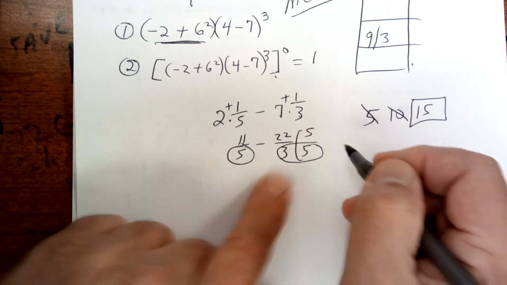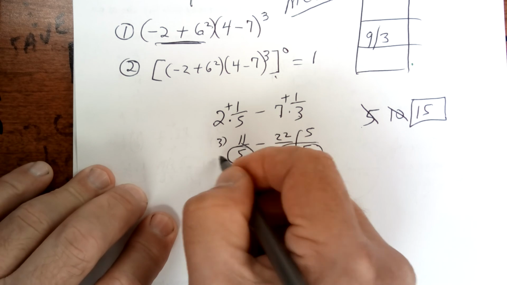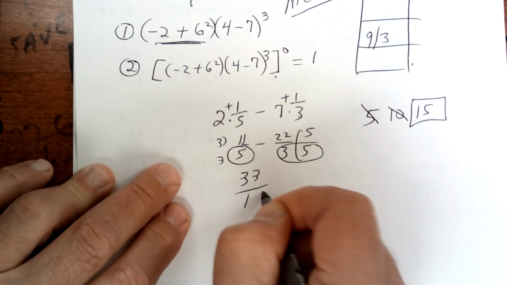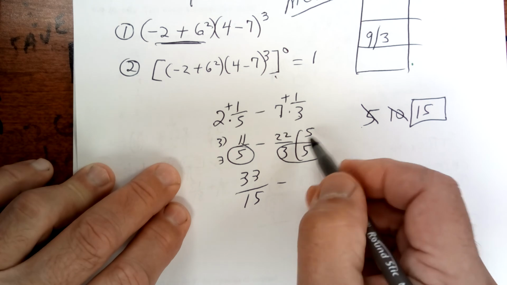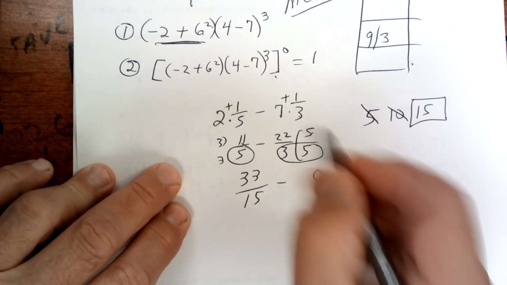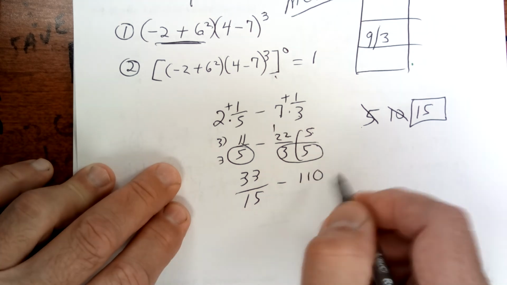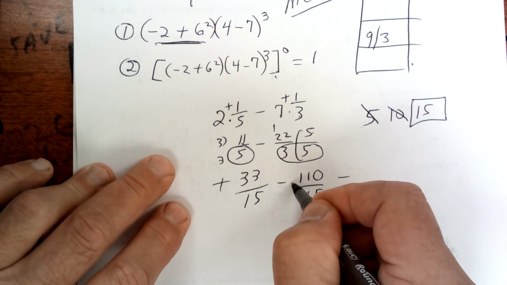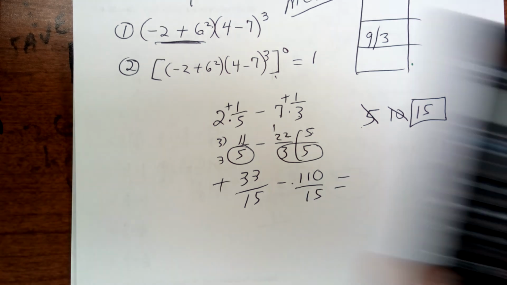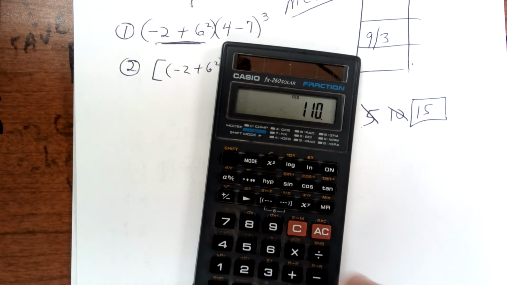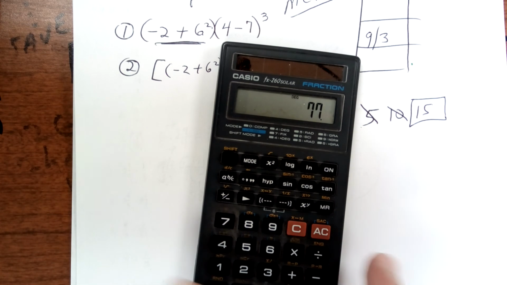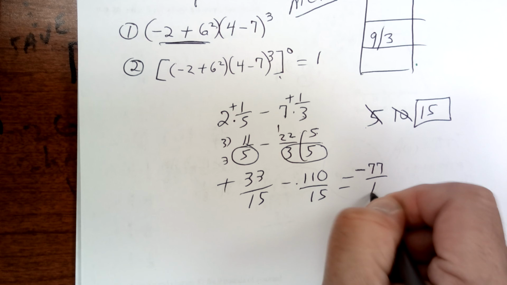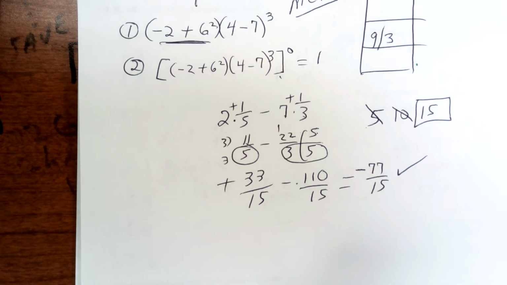You're going to multiply this one by 3, and so you're going to get 33 over 15 minus whatever that is. 5 times 2 is 10. Carry my 1. I think that's 110 over 15. I have more negatives, so I have to subtract, and I don't know what that is. So 110 minus 33, and when I subtract, I get 77. So it's going to be a -77 over 15 because I have more negatives.